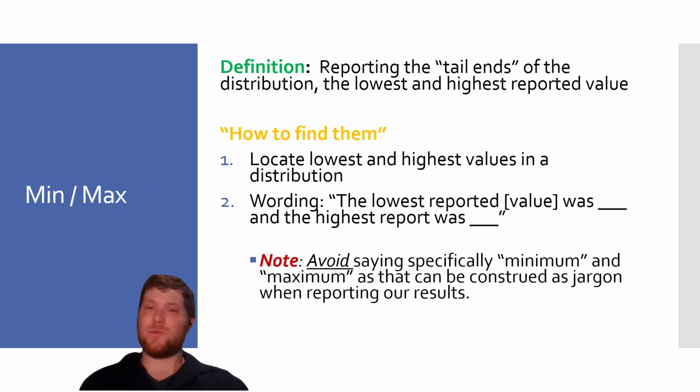Even lowest and highest work, but avoid minimum and maximum. We can use our special stats terms whenever we need to, but we also want to communicate these things to others. And sometimes just talking a bunch of jargon feels very computer robotic and not really our human tone.